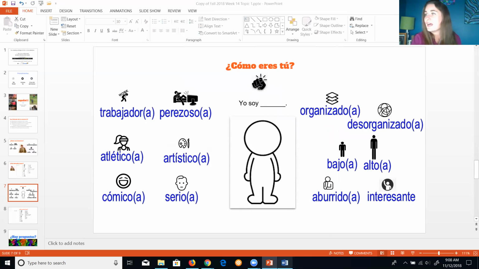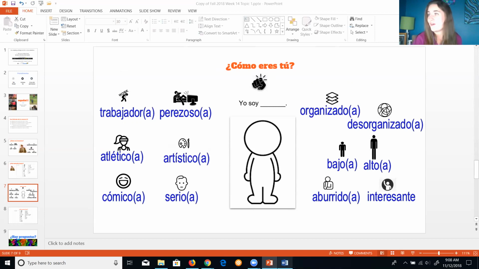Yo soy alto, Andrew, muy bien. Yo soy artístico, Leighton's artistic. Now, Lily, you'd want to make sure that organizado is organizada, since you're describing a girl, which is yourself. So yeah, yo soy organizada. Caleb's tall. Oh, good. Y'all are so fast. Perfect, Lily.